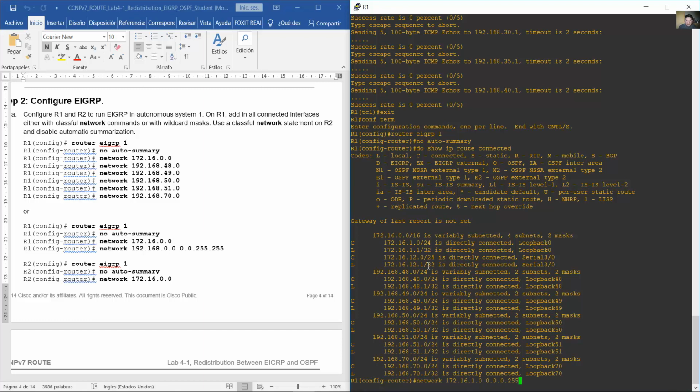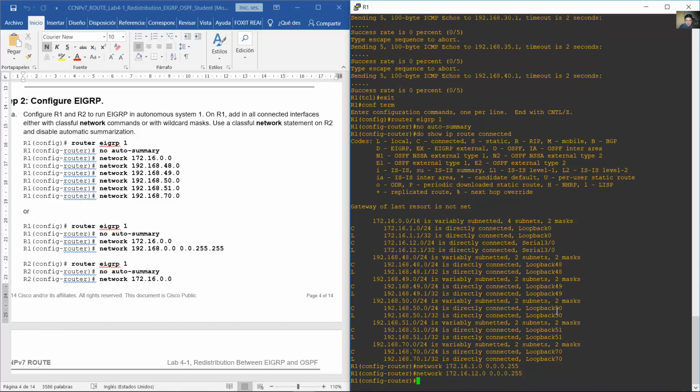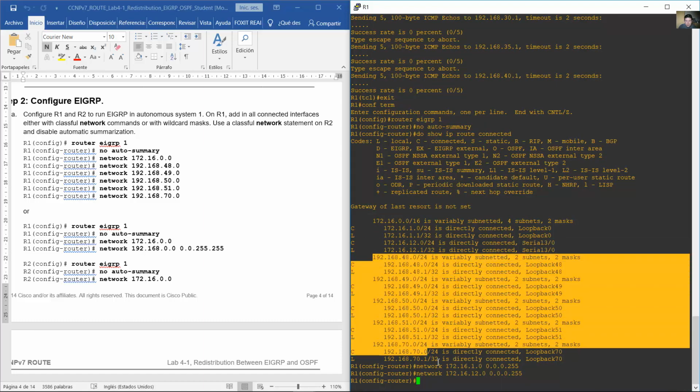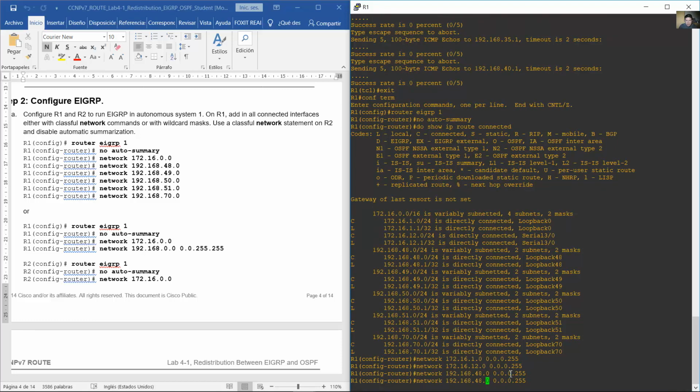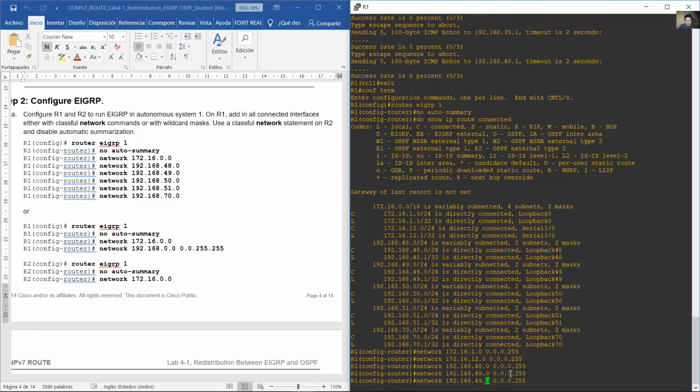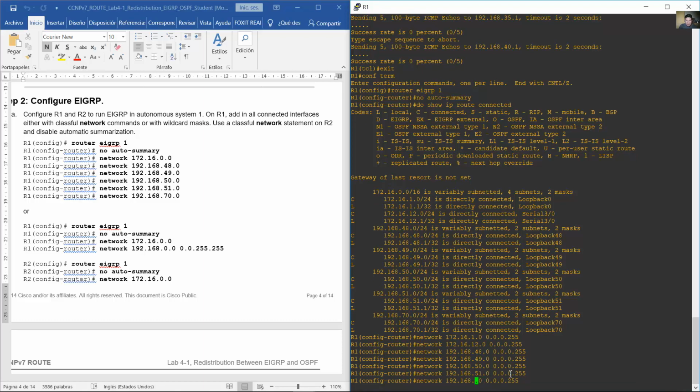The wildcard mask for this, for 24, 12.0/24, this, and then the other loopbacks for the 8.0/24, 49, 50, 51, and 70.